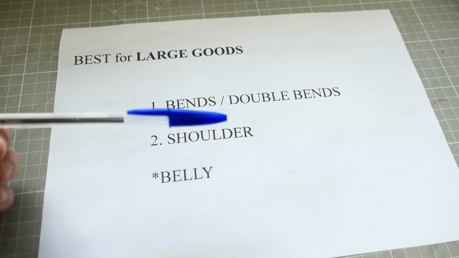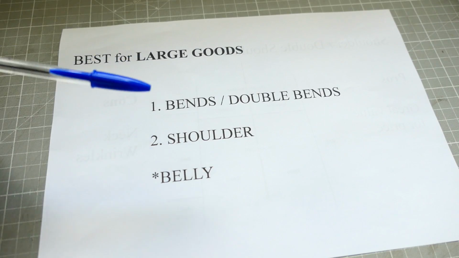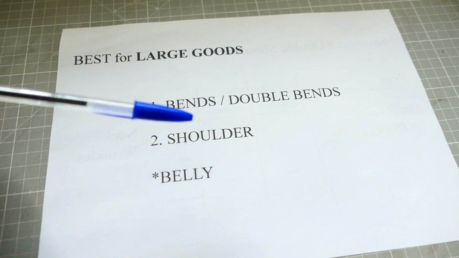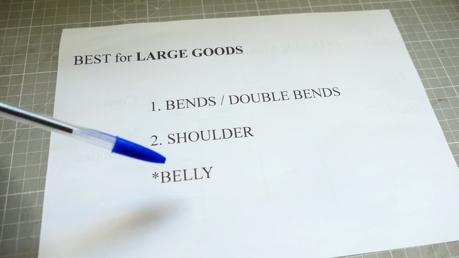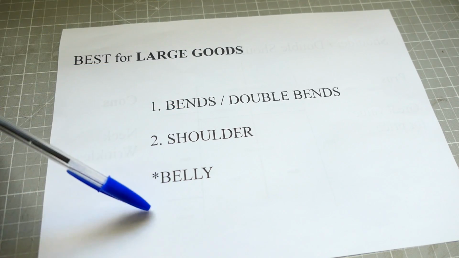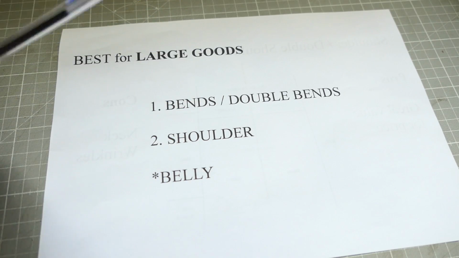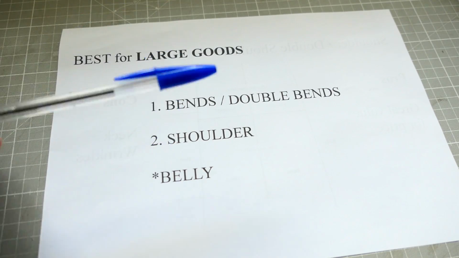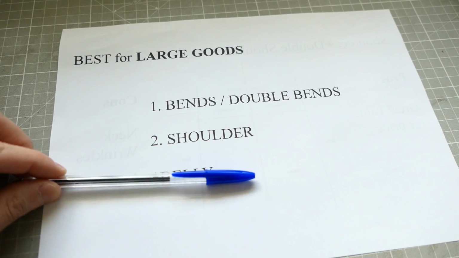Your bag is all good, but if your zipper puller breaks, that also gives you not a good image for your company. So you wouldn't use belly, you would use bends. For belly, maybe tags or anything that is really less valuable. If you want to save money on those, maybe you could use belly, but I want to avoid belly on large goods. I just don't trust belly that much.